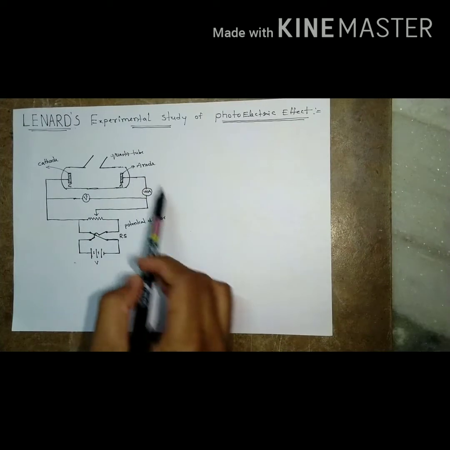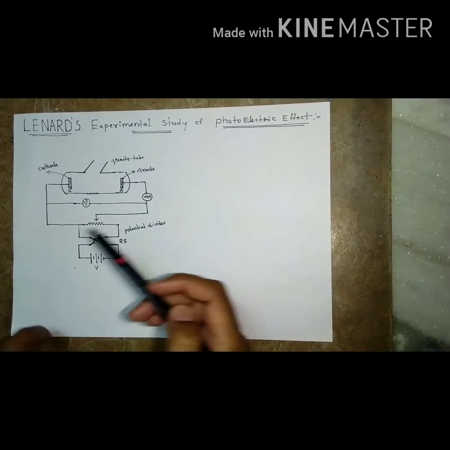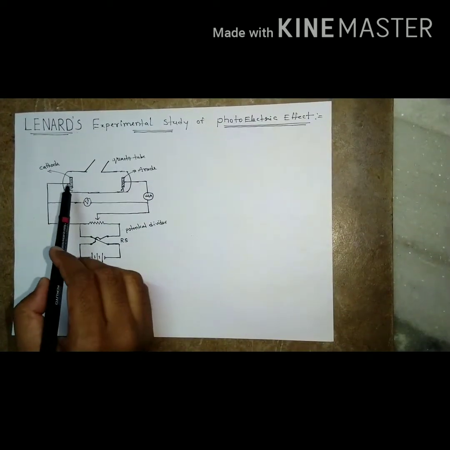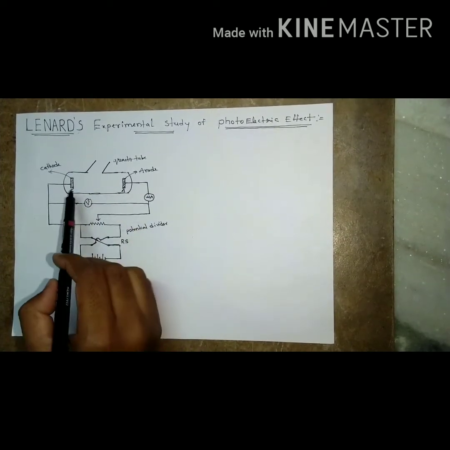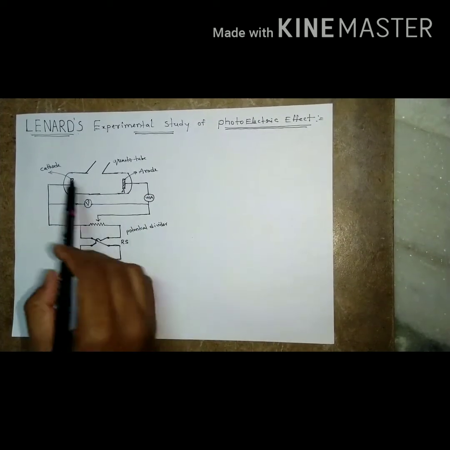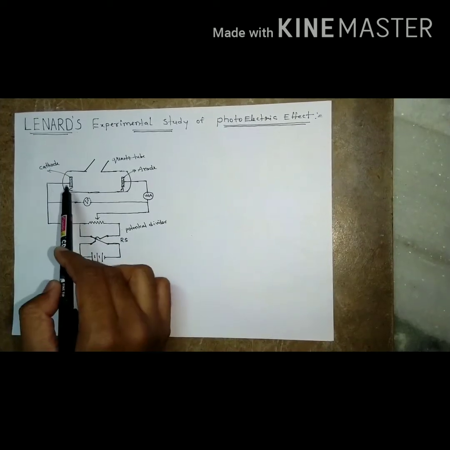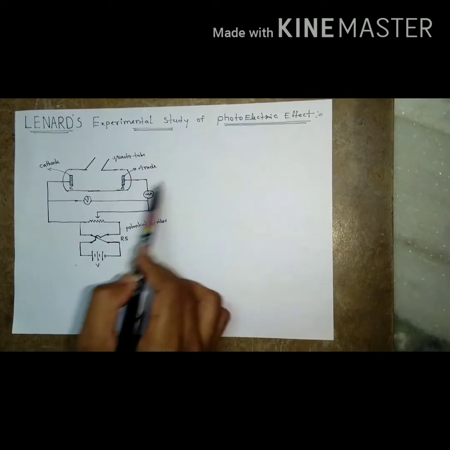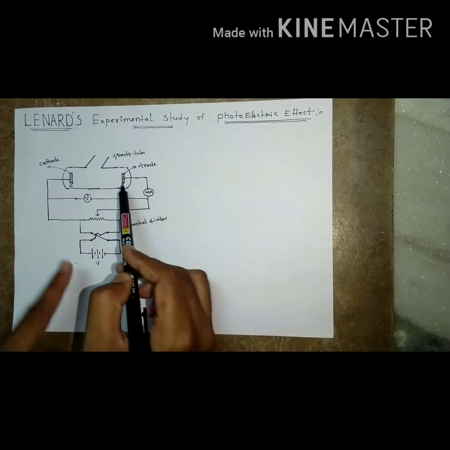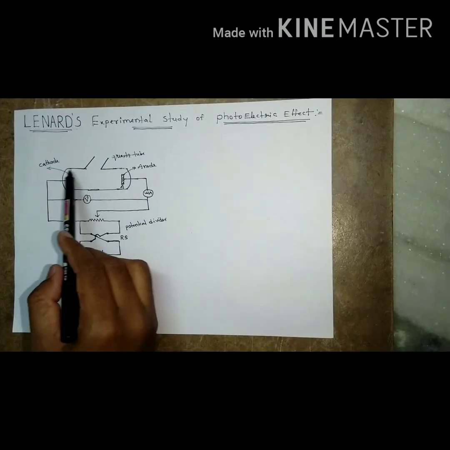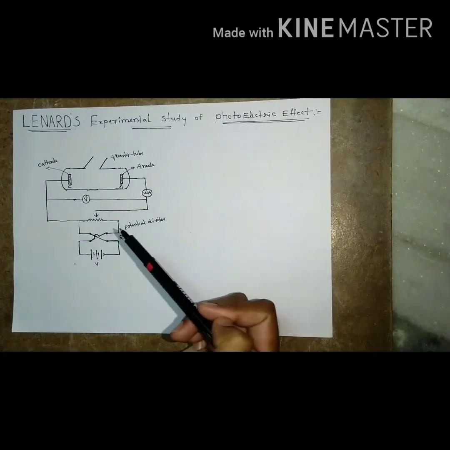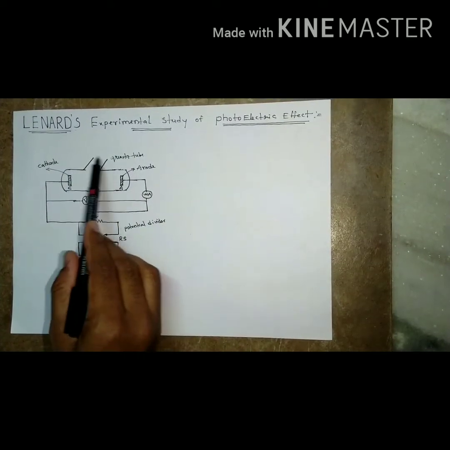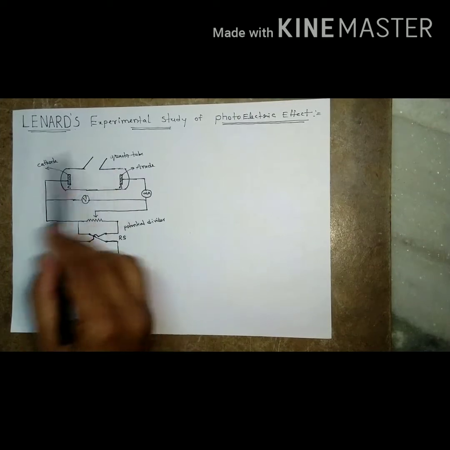So this is Lenard's experiment. What is Lenard's experiment? There are two electrodes, a cathode and an anode. This is the cathode, which is also called the emitter, and this is the anode, which is also called the collector. These two electrodes are placed in a vacuum quartz tube, and here there is a window called the transparent window.